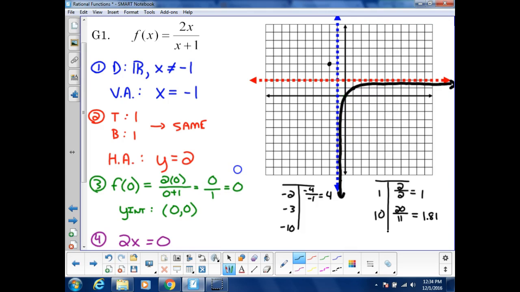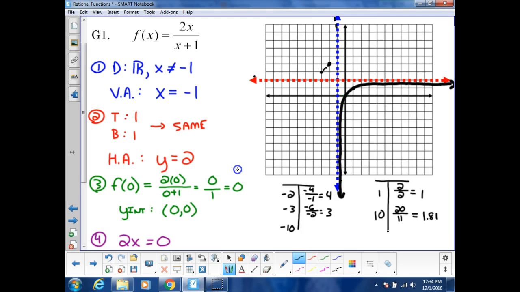If I put -3 into that function, I get -6 over -2, which is +3. So I get that right there. So that's kind of telling me which way my curve is curving, right? So it's probably going to start up here, come down, go through those 2 points, and then end up over there, is what I'm guessing.